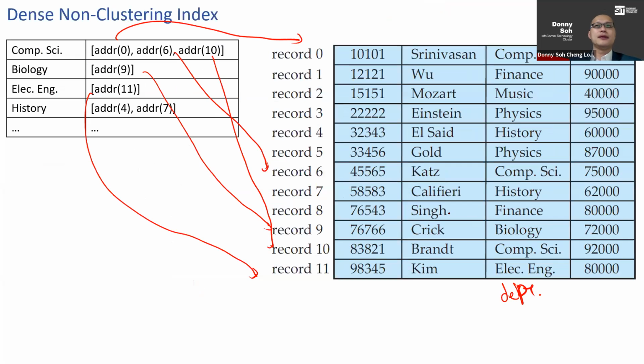But if you have a secondary index on department, there's actually no way you can do a dense clustering index on this table. And so you would have to do a dense non-clustering index on this table.